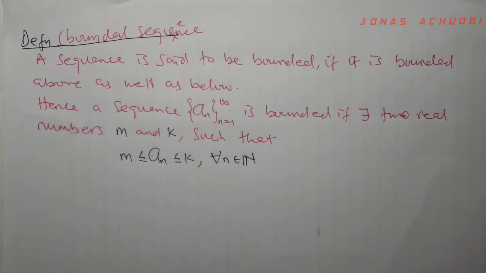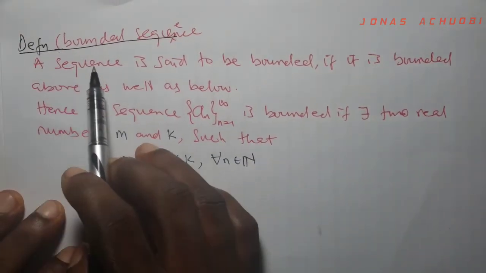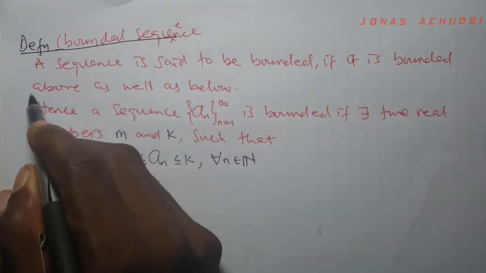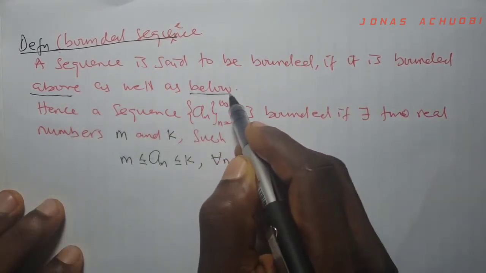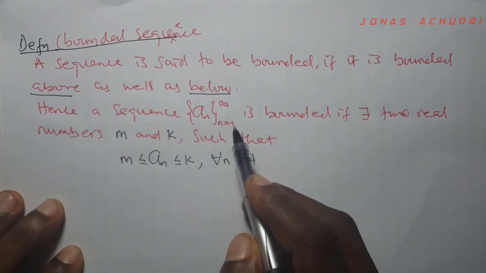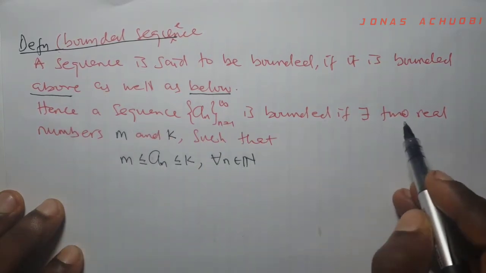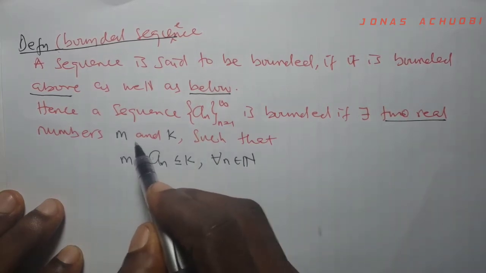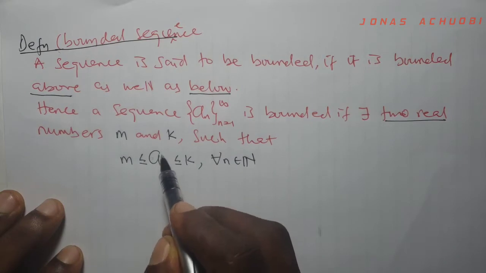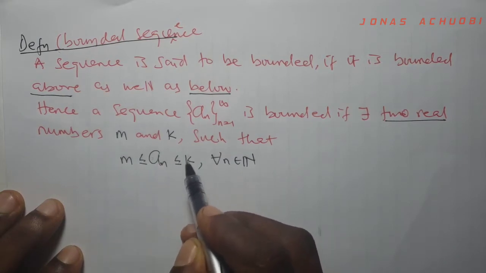Now, what is a bounded sequence? A sequence is said to be bounded if it is bounded above as well as bounded below. Hence, a sequence a_n is bounded if there exist two real numbers, m and k, such that a_n, the terms of the sequence, are all less than or equal to k.